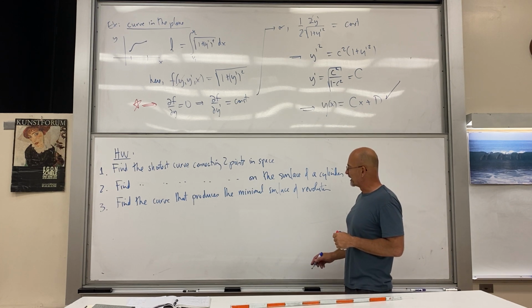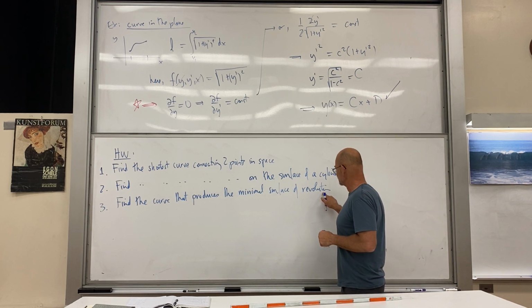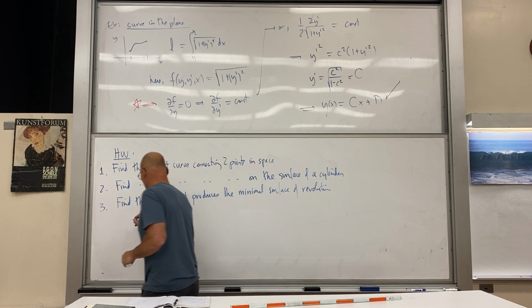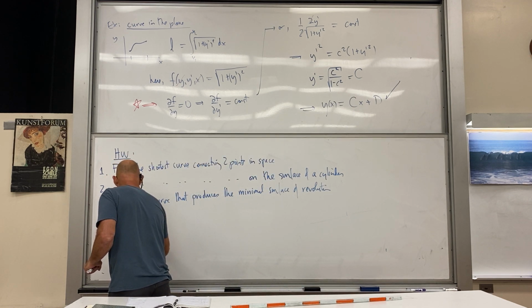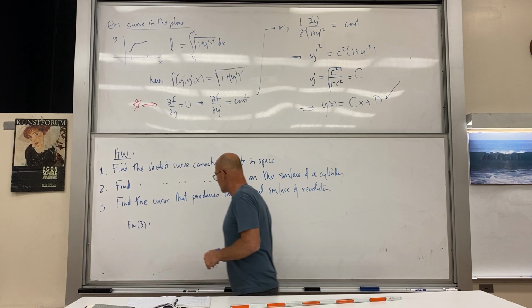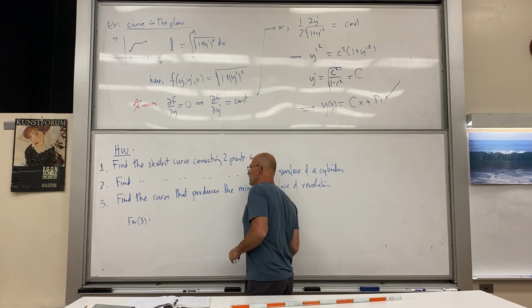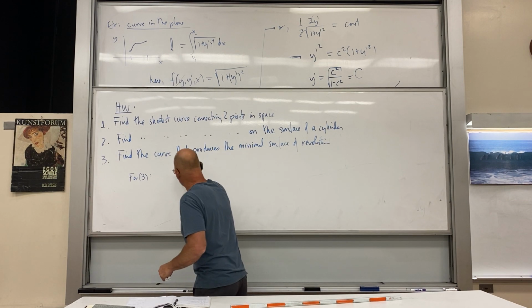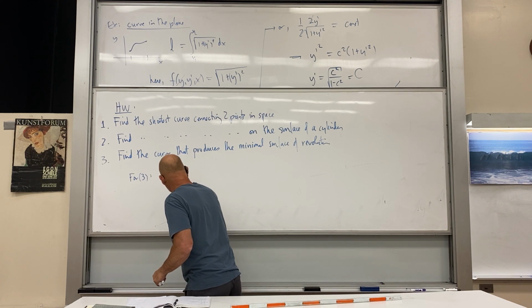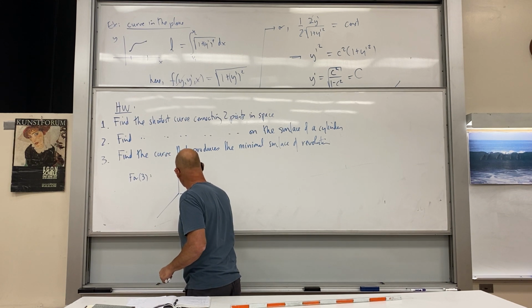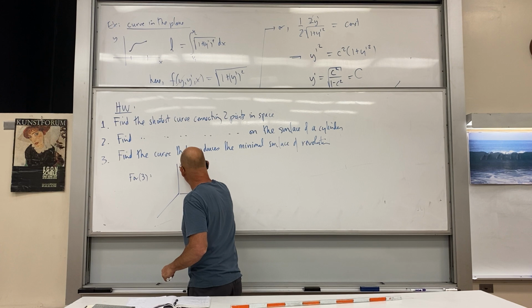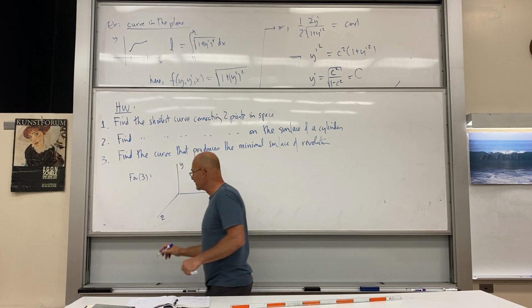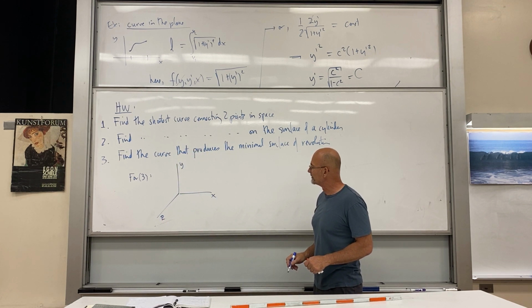Okay, so let's talk about this surface of revolution. So for three, we have to first of all ask what's being described here. So suppose we have x, y, and z axis coming out of the board.